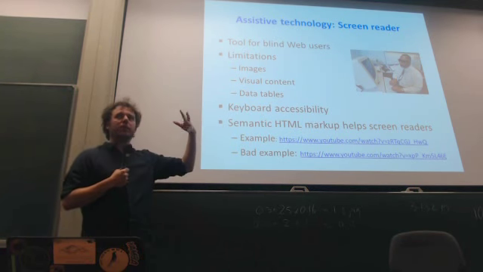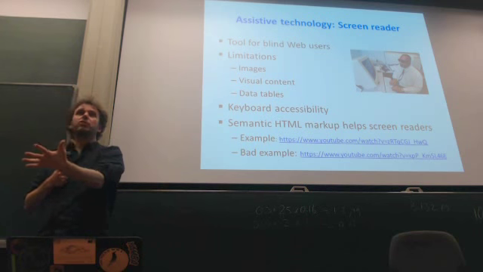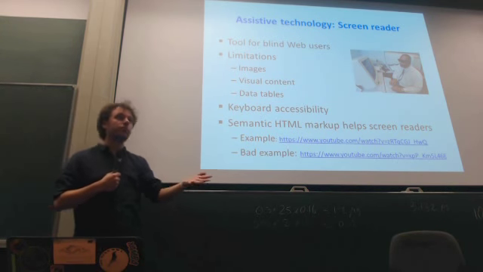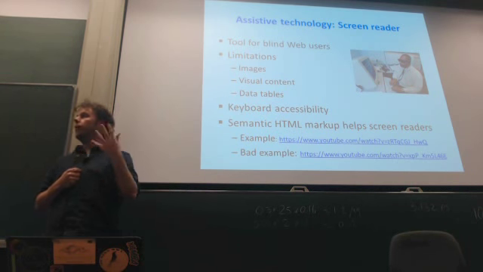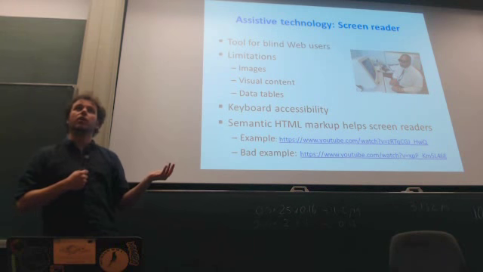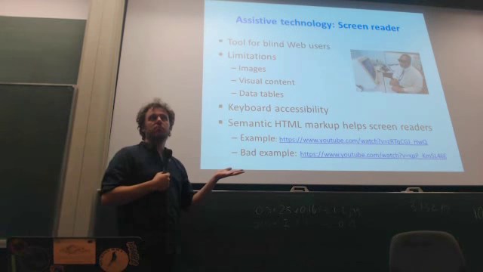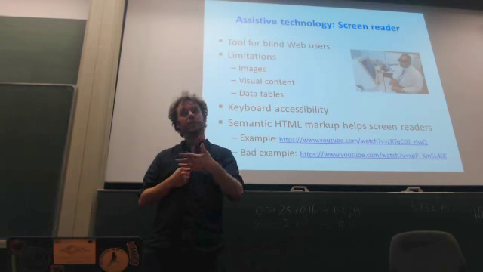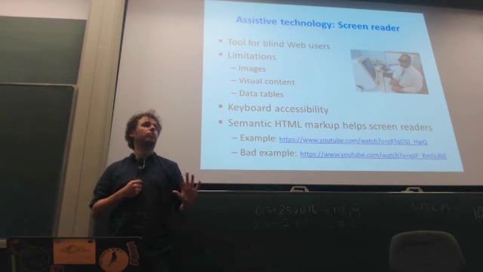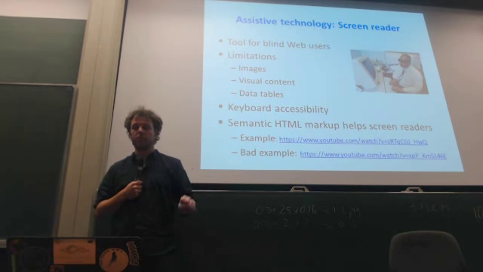So obvious limitations to this technology are that images can't be read up till now. It might be that with the recent advances in image recognition, we can actually get a bit farther. But up till now, screen readers do not read aloud images, so they don't interpret them.